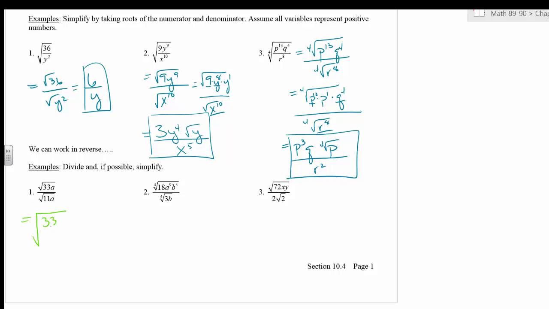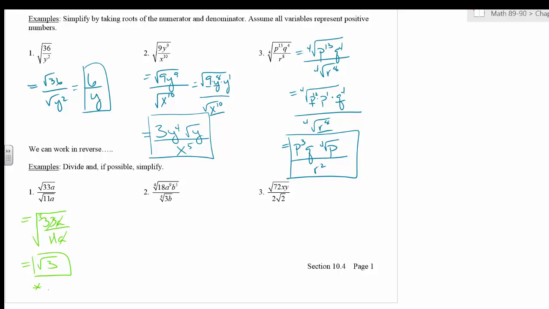And so we say, well, that's the same as 33a over 11a. You can create one single square root. Well, that simplifies because 11 goes into 33 3 times and the a's cancel. And so you end up with just the square root of 3, which is a little bit nicer looking.